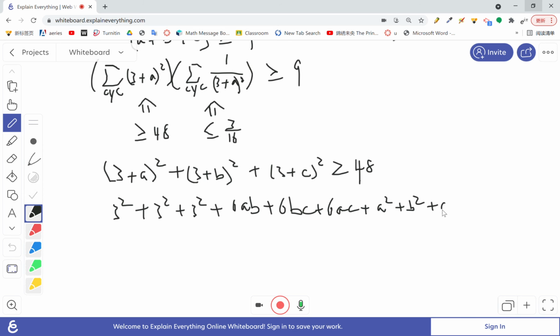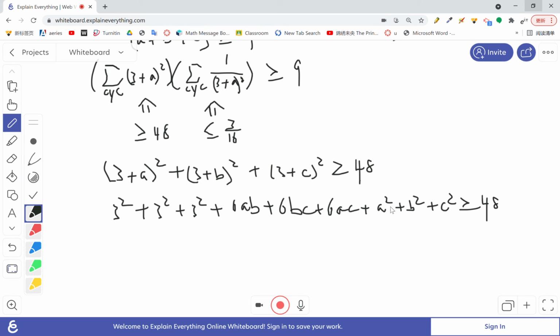And this whole thing must be larger than or equal to 48. So now we just want to find that this must be larger than or equal to 3.